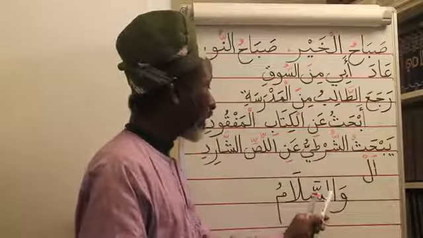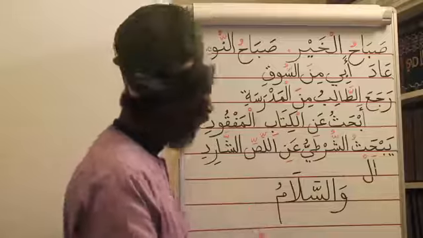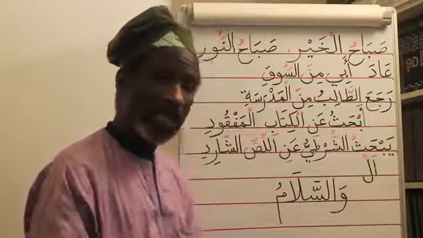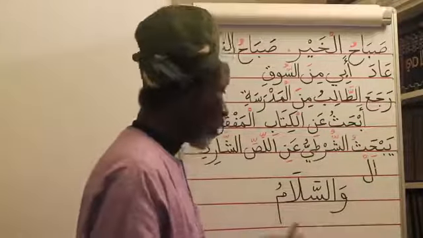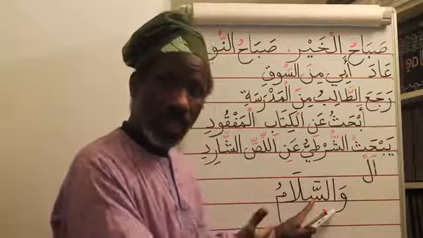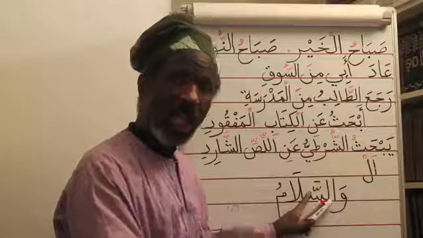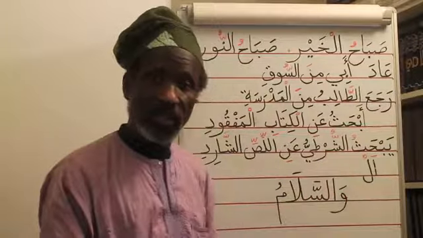You say wassalamu, not wa as-salamu. Now, the alif is silent because it's not at the beginning. There is a letter before it. The lam is silent because we have the sun letter after it, which is carrying shadda. And the shadda has an embedded sukun within it. So they're both silent for different reasons.